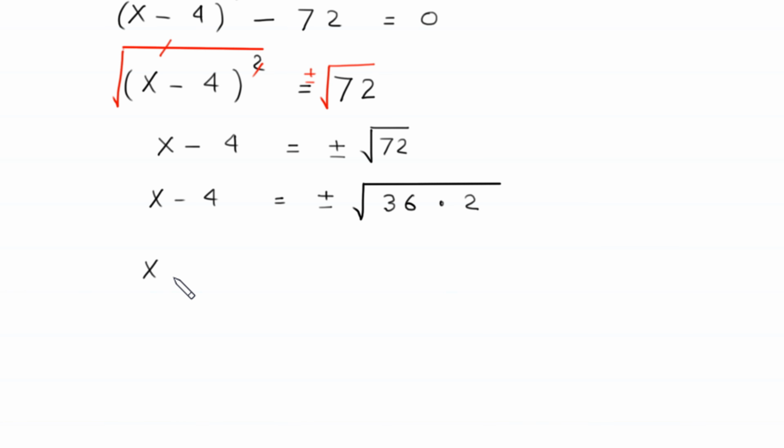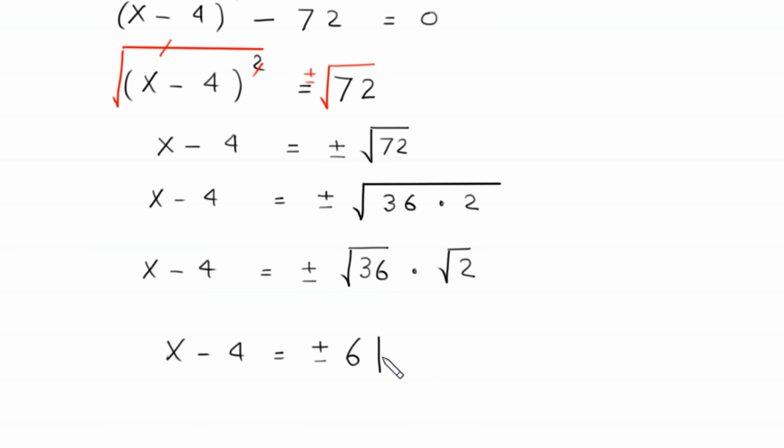X minus 4 is equal to plus or minus, this root 36 times 2 will become root 36 times root 2. Next, x minus 4 is equal to plus or minus, this root 36 will become 6 times root 2.